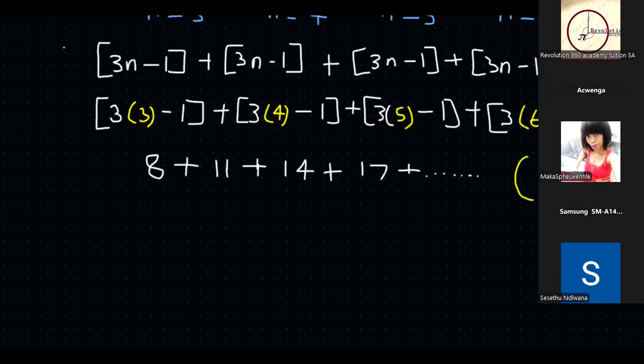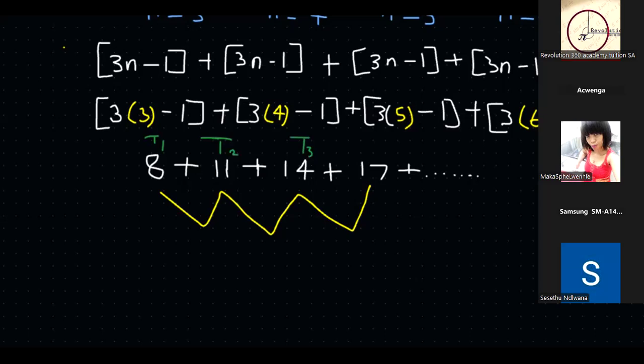Let's find the common difference. Don't forget, you get the common difference by saying, before that, this will be T1, that will be T2 in the series, that will be T3 in the series, lastly that will be T4 in the series.